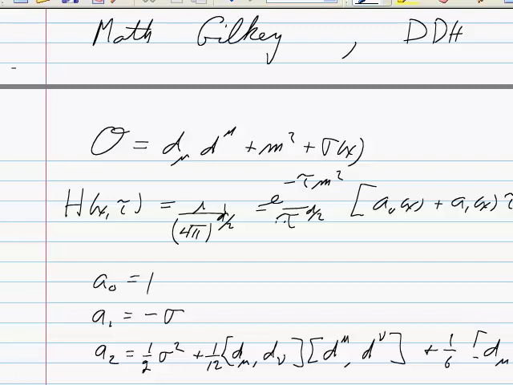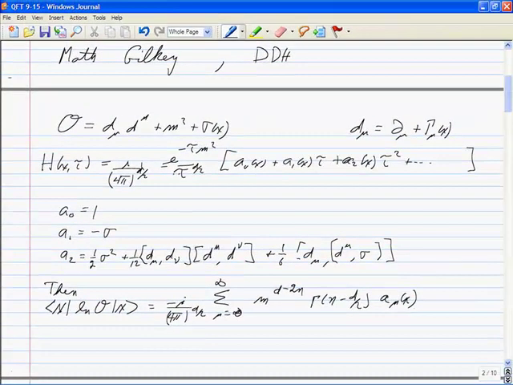Most of the time, you can sort of see it. Let's imagine that sigma was phi squared. Then this would be a derivative of phi squared, which would be phi d mu phi, and this would then end up being another derivative. So it would look like two derivatives on two phis.